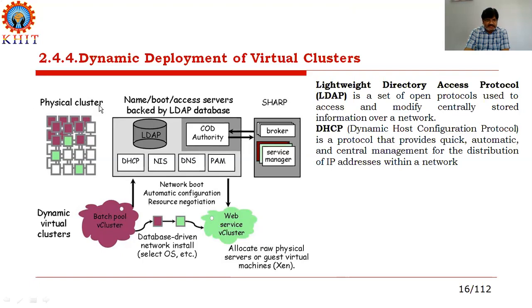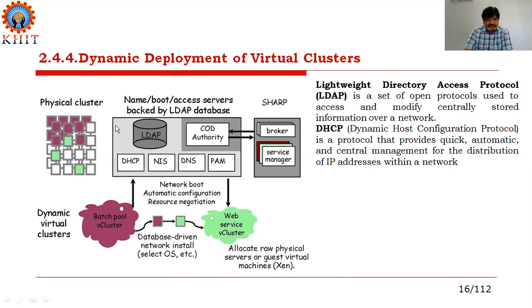A physical cluster is a group of computers which are interconnected together. They are running with a batch pool of clusters and web service clusters which are well interconnected together.